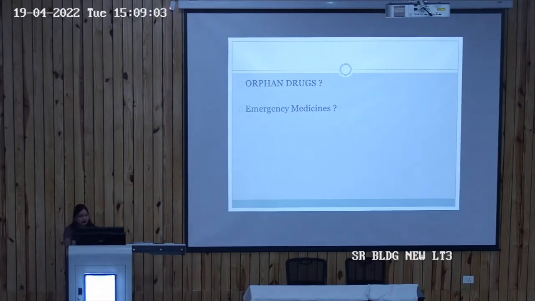For an example, digoxin antibody, fomepizole, these are the antiviral drug, and so these are some of the drugs where the manufacturing cost, development cost or the marketing cost is not recovered, it's not suitable for the pharmaceutical industry, but the government gives incentives and promotes it, and thereby these orphan drugs are promoted by the government so that they are manufactured.